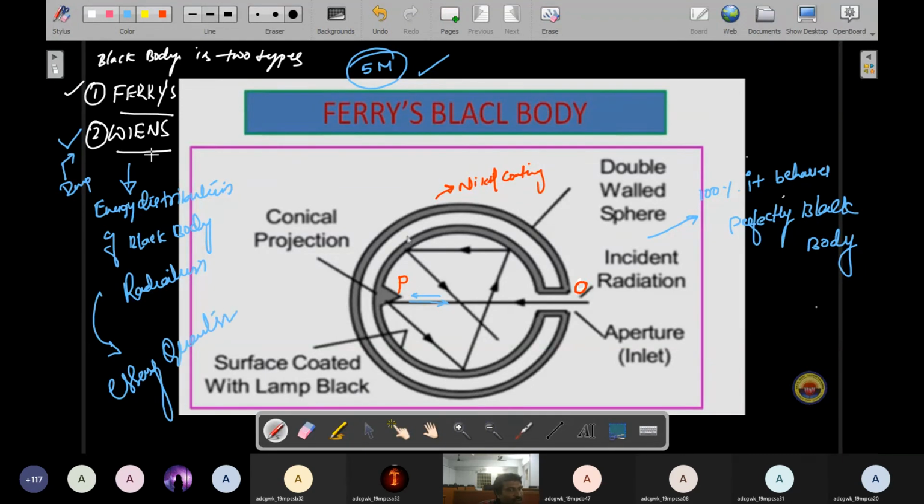This is the actual essay question: using Wien's black body radiation, derive the energy distribution of the black body. So it's a very important essay question, and it's a very long question. In tomorrow's class I will explain all these things. Right now I explained what a black body is and Wien's black body. So please note everybody.